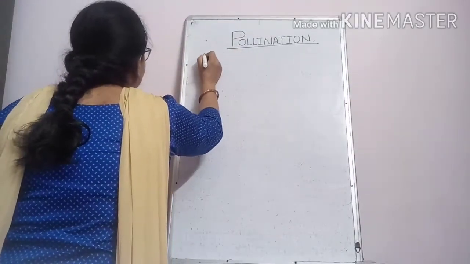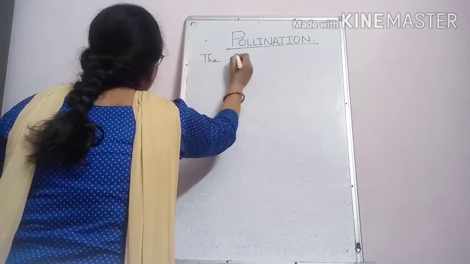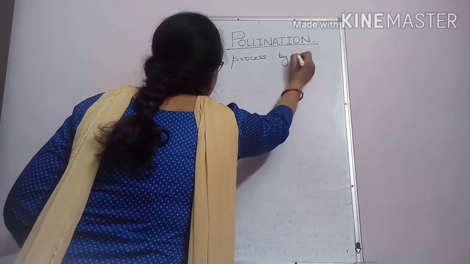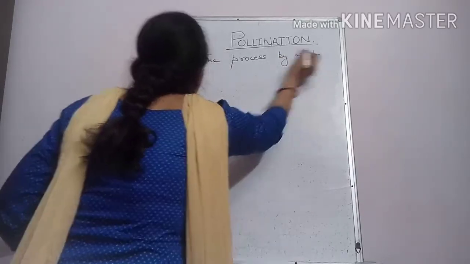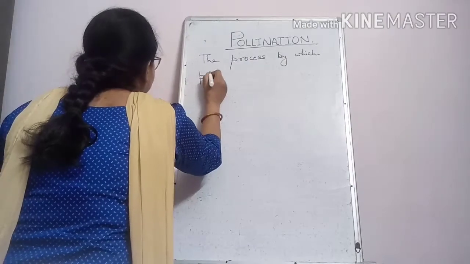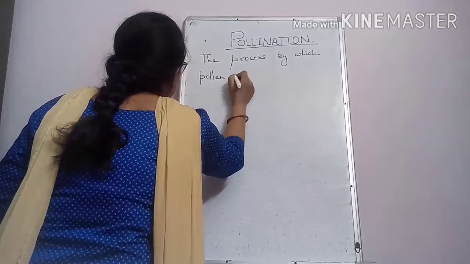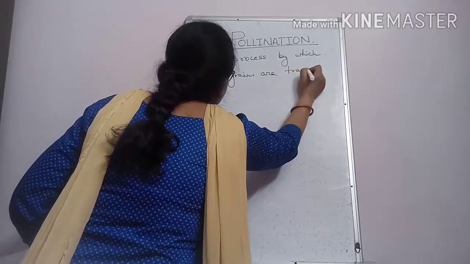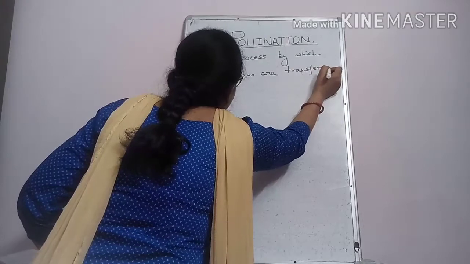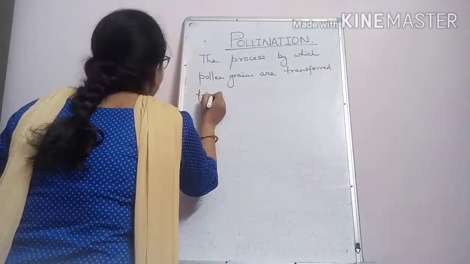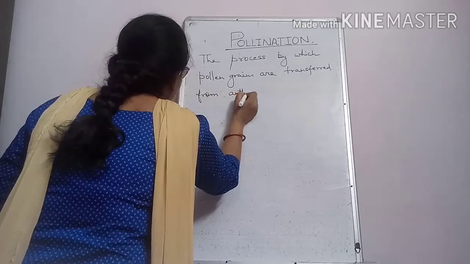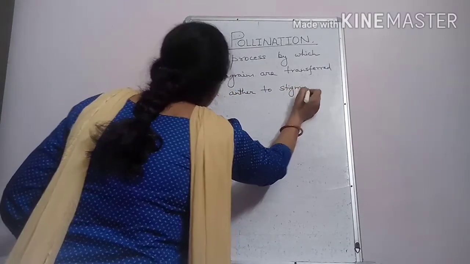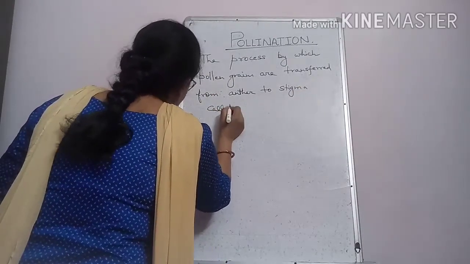Pollination means the process by which pollen grains are transferred from anther to stigma, called pollination.